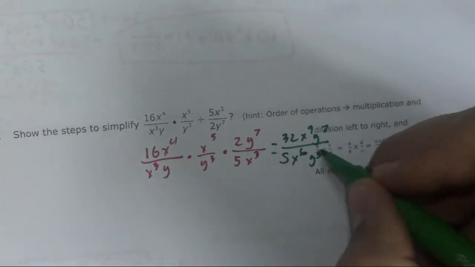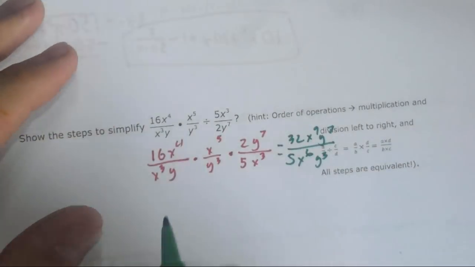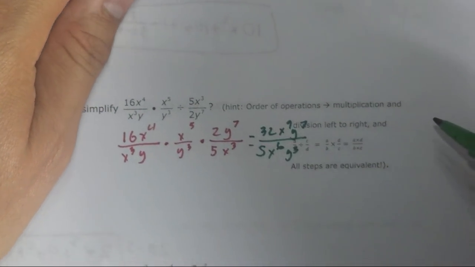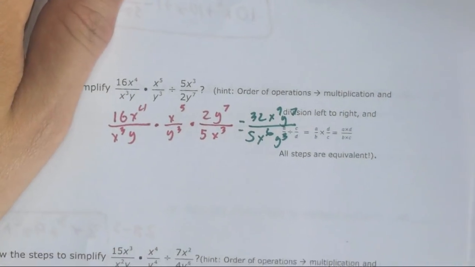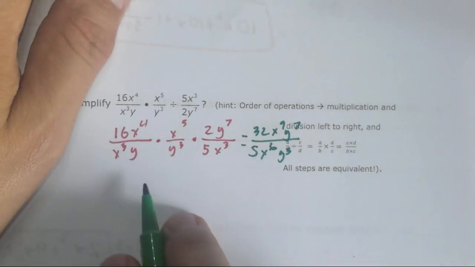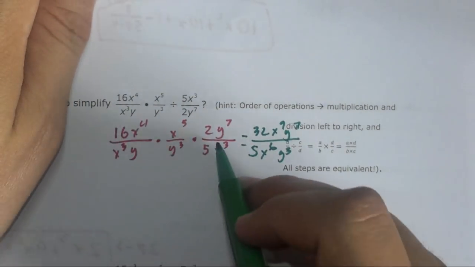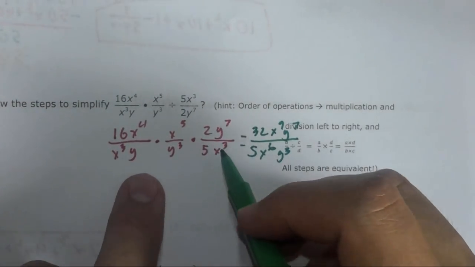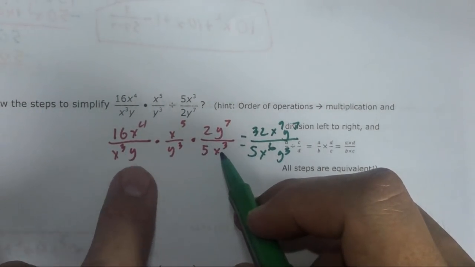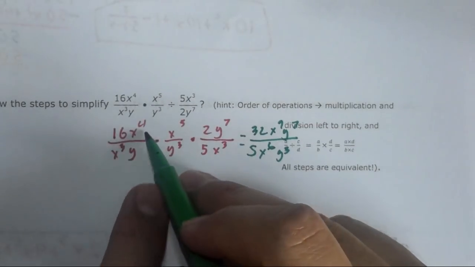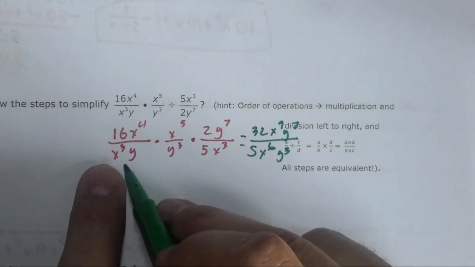Y to the third, you can get that, or you can cancel. To cancel this, see what works to cancel here. So we have x to the third, x to the fourth up there, x to the third here.